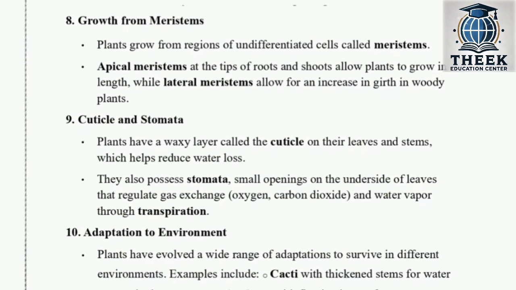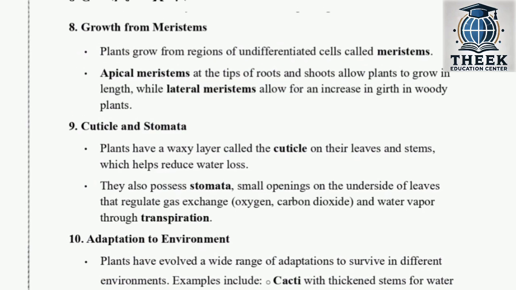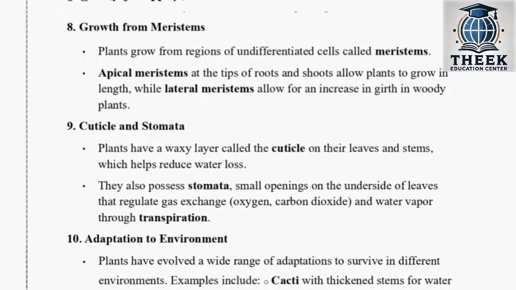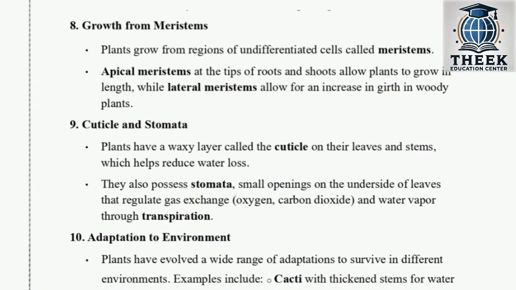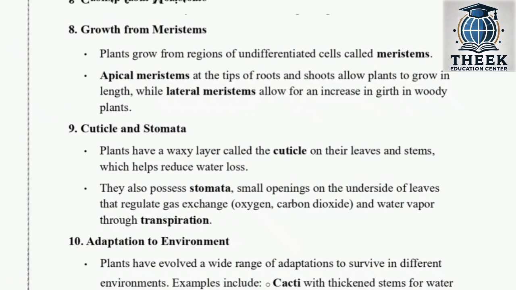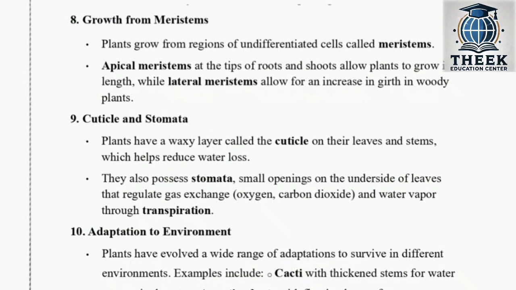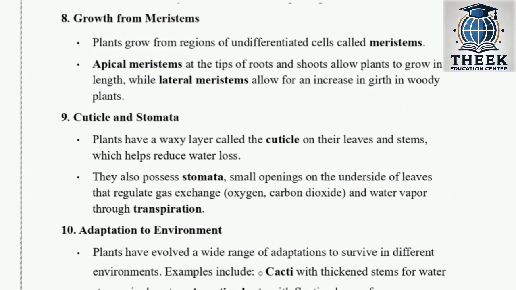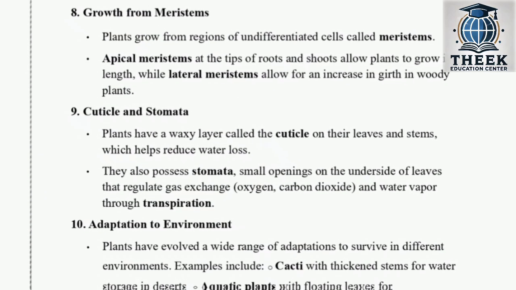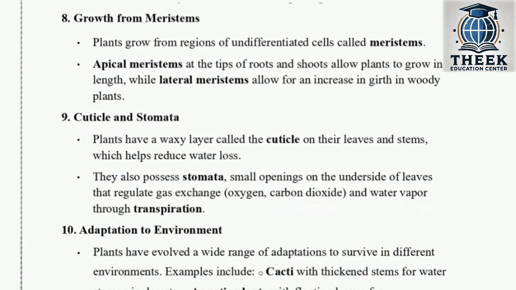We have the cuticle and the stomata. Plants have a waxy layer called the cuticle on their leaves and stems, which helps reduce water loss. The thickness of this cuticle depends on the environment where the plant grows. Plants that grow in dry land, semi-arid land or desert have a very thick cuticle.